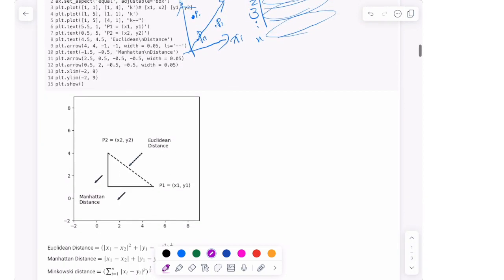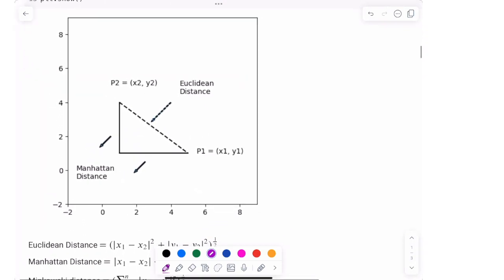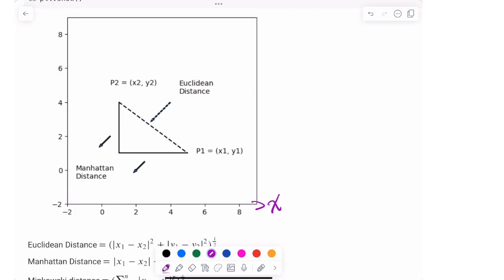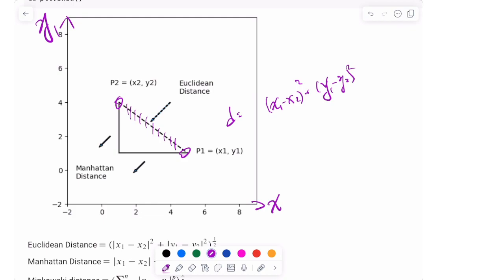And how do we calculate distance? In this plane we have two data points, P1 and P2. It's very easy to calculate the distance. The distance is the square root of (x1 minus x2) squared plus (y1 minus y2) squared.